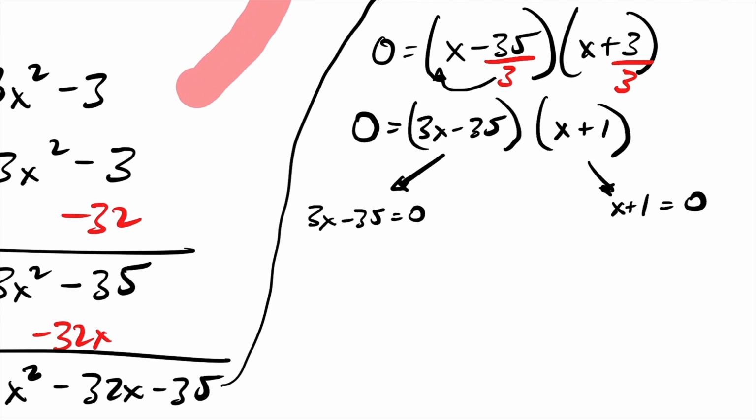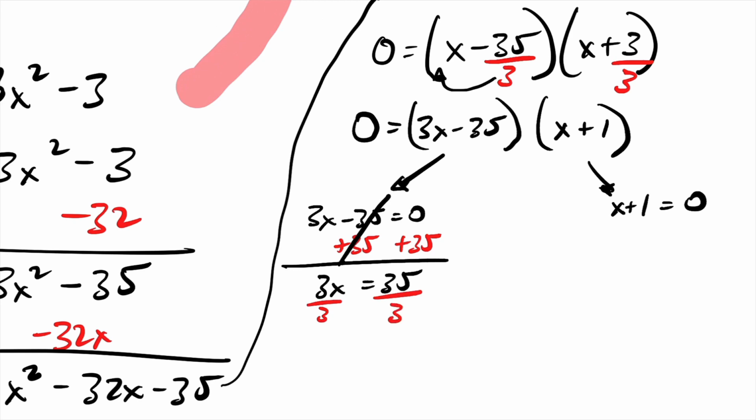Okay, so we're going to get 2 answers. Add 35 to both sides over here. I get 35 over 3.